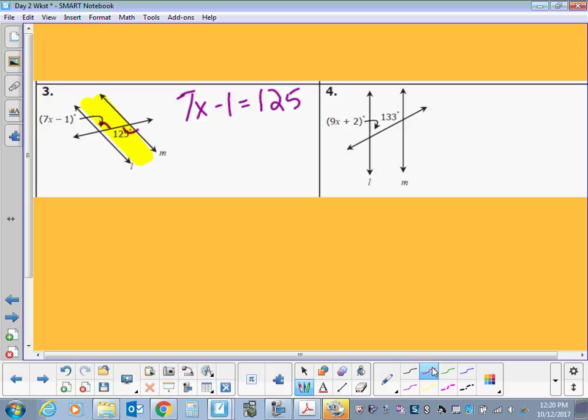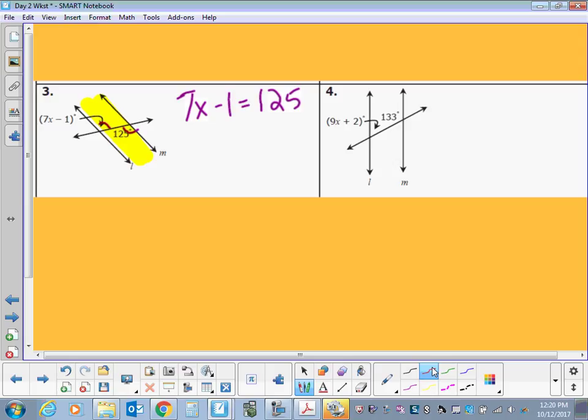Yep. Alternate interior angles, they are congruent. If you want to, guys, on your foldable on the top flap, write whether they're going to be congruent or equal to 180. Remember, you can use that foldable on your test.